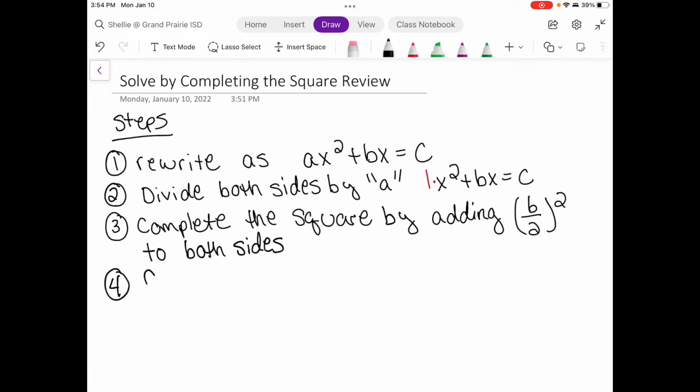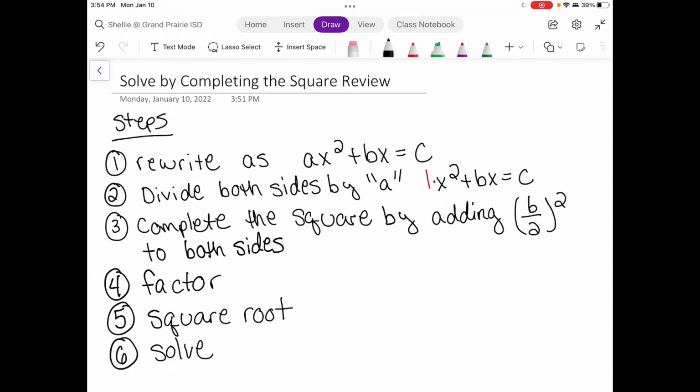Then you will want to factor, and of course you want to solve and simplify. Oh, you want to square root actually. Let me do that first. Let's make that a step. So let's go ahead and square root, then solve and simplify. Okay.